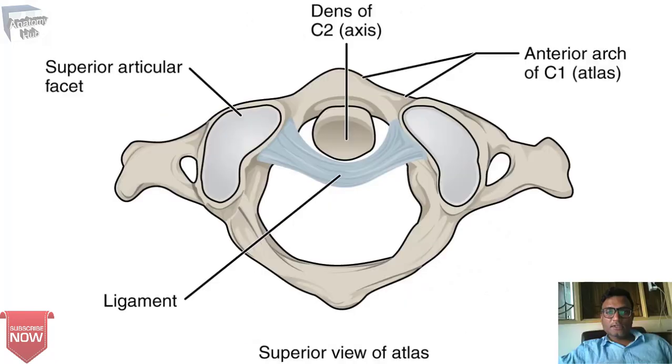But along with that, the odontoid process also articulates with the anterior arch of the atlas, and that is actually held by a ligament. That ligament is the transverse ligament. So the transverse ligament gives stabilization to the odontoid process.